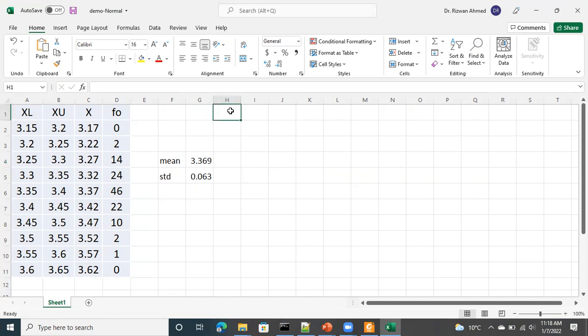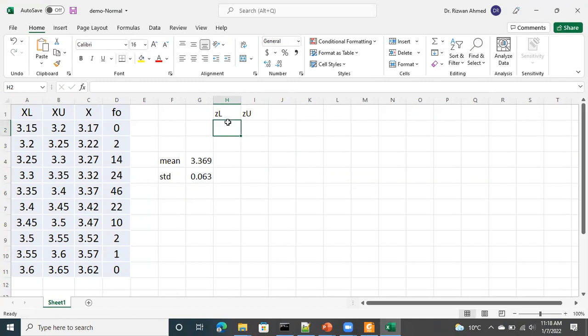Now, in order to get the probabilities, first we have to convert X values to Z values. I define the lower limit for a class and the upper limit for the class.